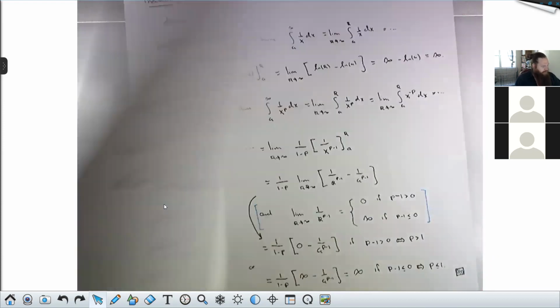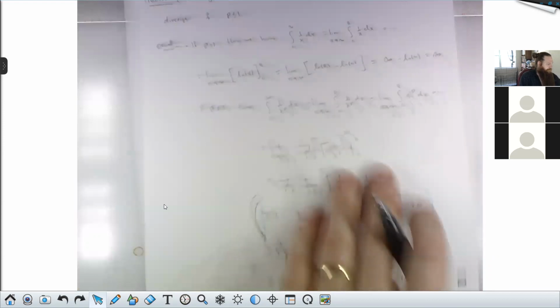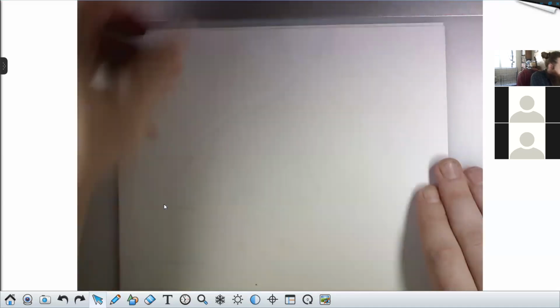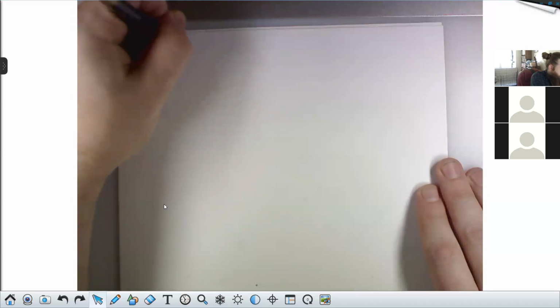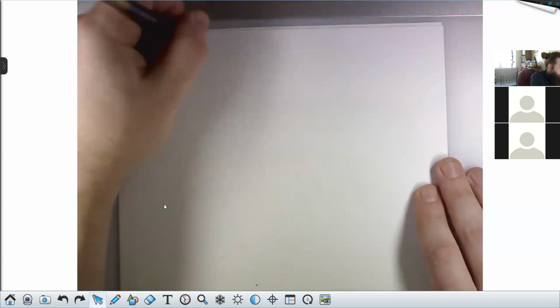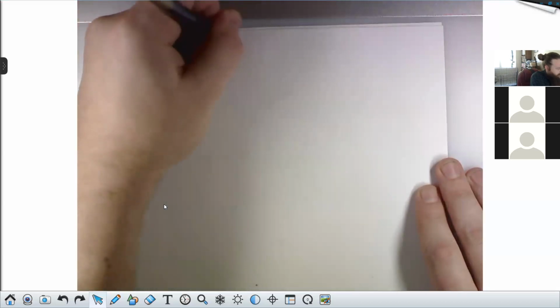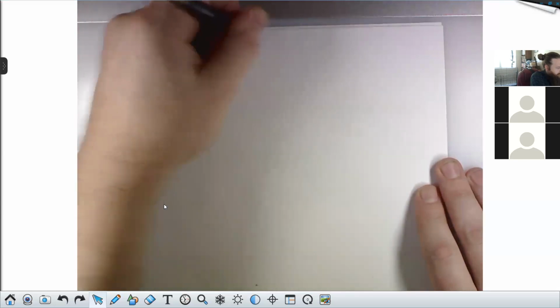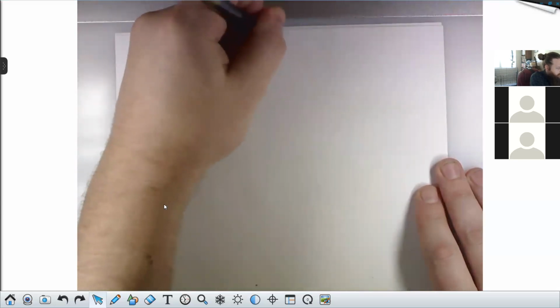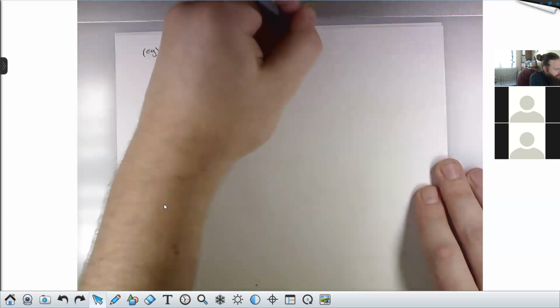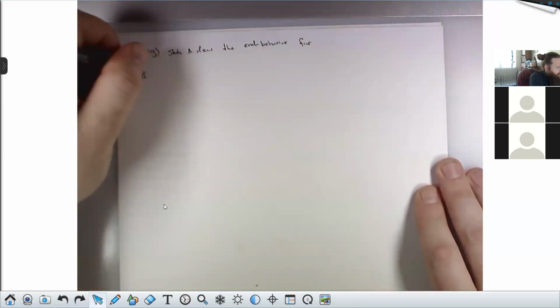All right, let's see if we can detect the end behavior for a polynomial and describe it in that arrow notation. So state and draw the end behavior. Well, let's do a couple of guys here.